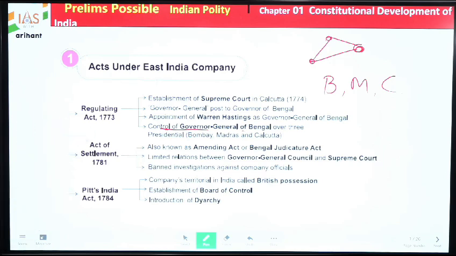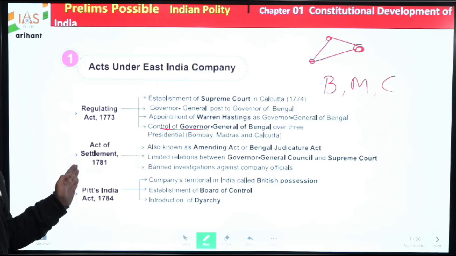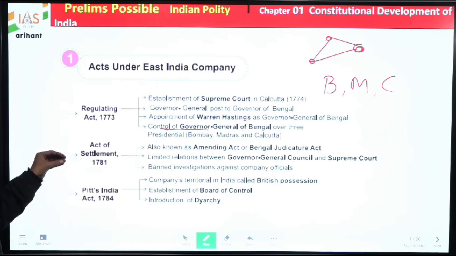It is the first act, known as the Regulating Act. The Act of Settlement is the second act. It is also known as the Amending Act of Bengal Jurisdiction or the judiciary. It limited the relation between the Governor General Council and the Supreme Court.